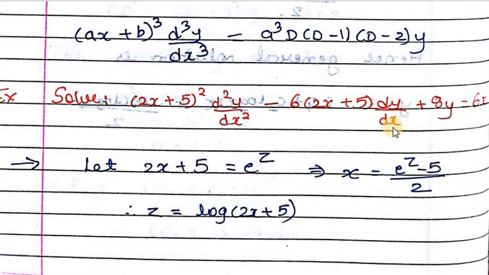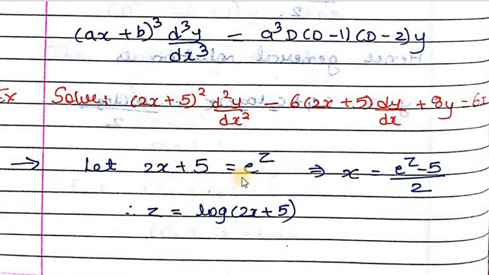You can see that for dy/dx we have (2x+5) raised to 1, but for d^2y/dx^2 we have (2x+5) squared. So this is Legendre's linear equation, and we will take 2x plus 5 equals e raised to z.